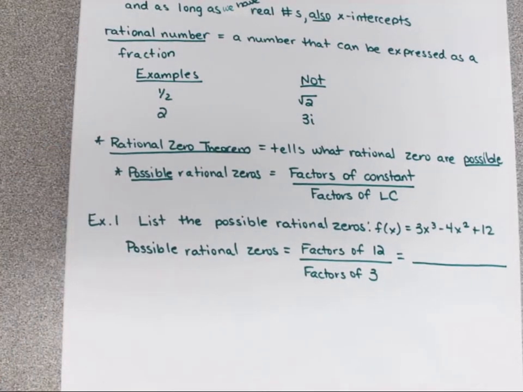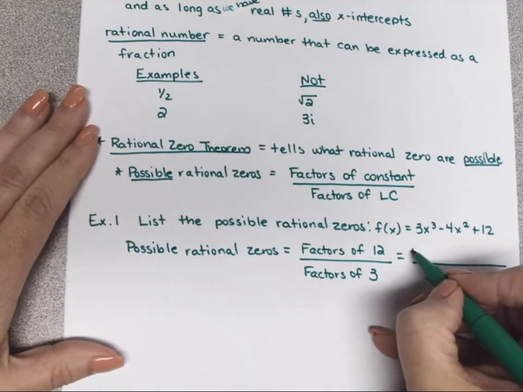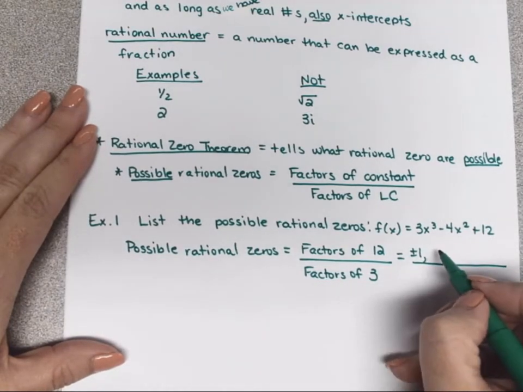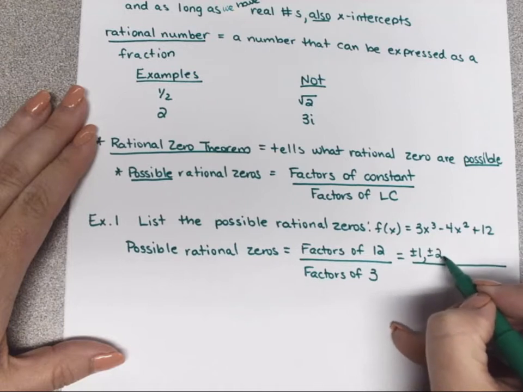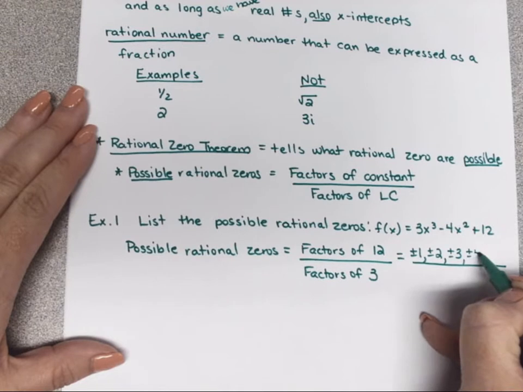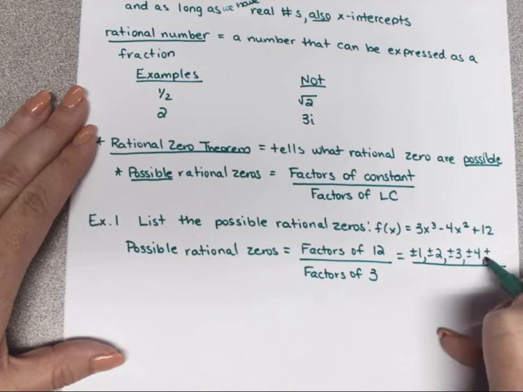Okay, go in some sort of order so you don't miss any. For instance, 1 goes into 12, but so does -1. You have to include the plus and the minus version. What else goes into 12? 2, 3 goes into 12, 4, not 5, but 6, and then the last one's 12.